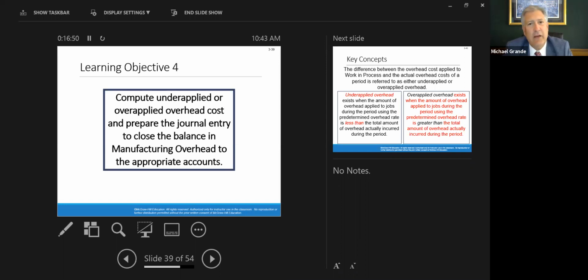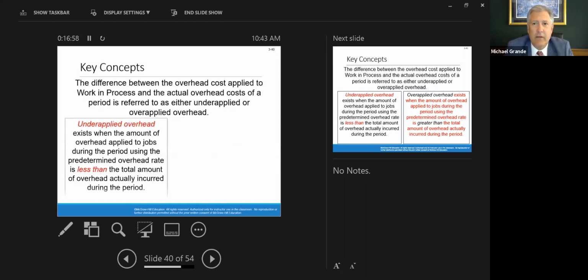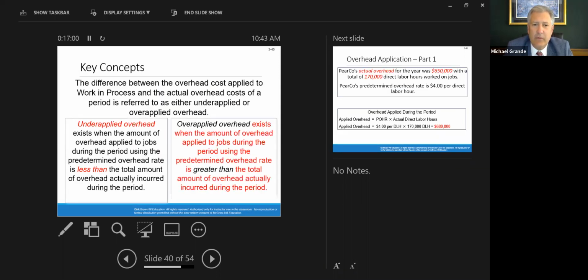So what we're going to do now is compute the underapplied or overapplied and prepare the journal entry to close it out. So here are some definitions of underapplied and overapplied. Underapplied overhead exists when the amount of overhead applied to jobs during the period using the predetermined overhead rate is less than the total amount of overhead actually incurred during the period.